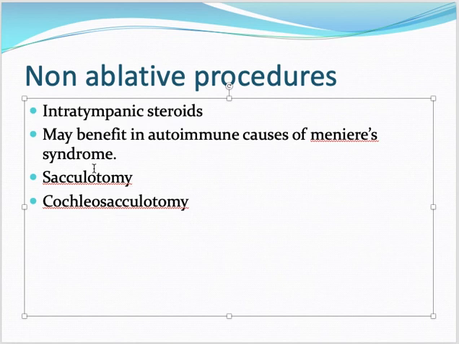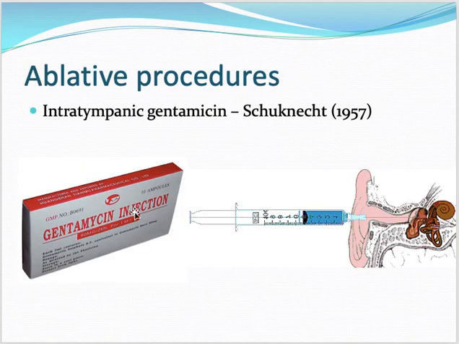This is called the Fick operation, right? A lot of ablative procedures can be done. Now remember, guys, gentamicin or gentacin, they are the same drug. They are vestibulotoxic, so they can give an injection of this drug directly into the inner ear, which is going to destroy it, right? So this is one of the things they can do.